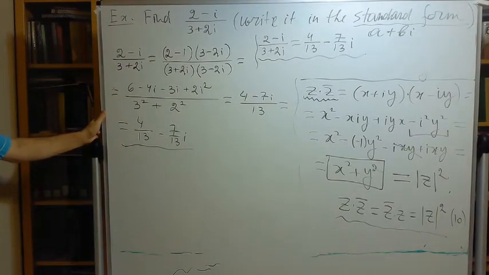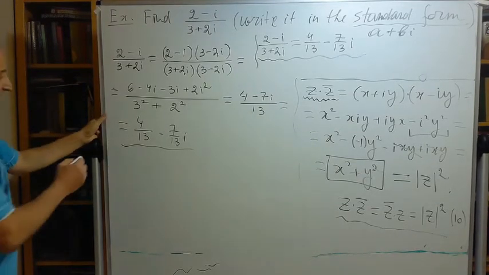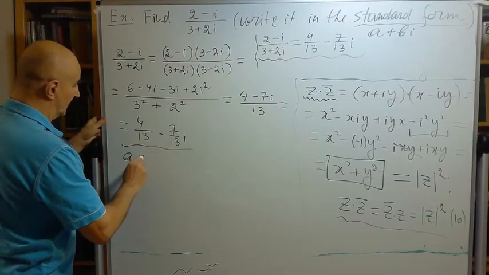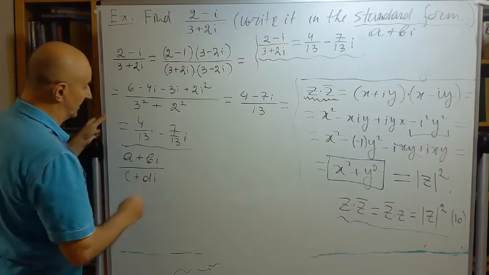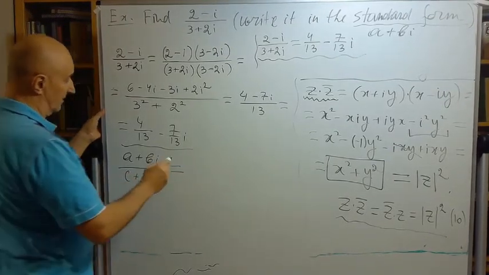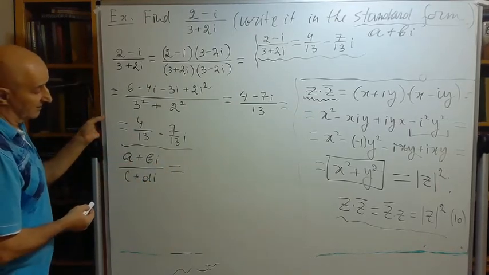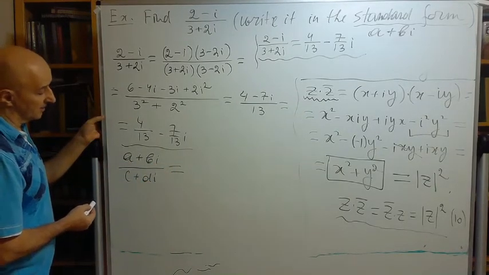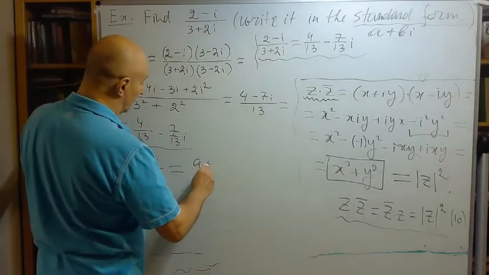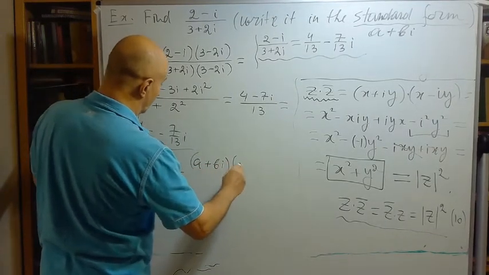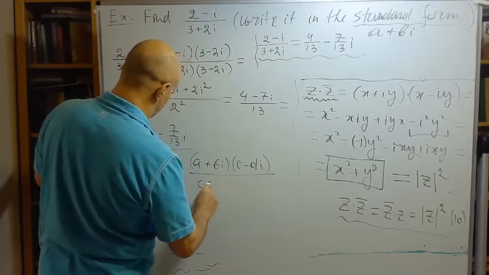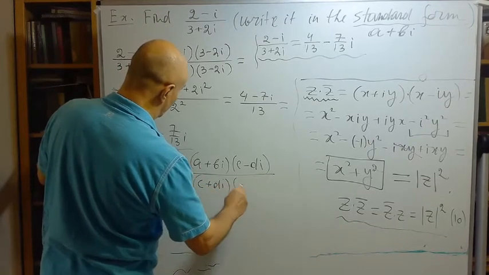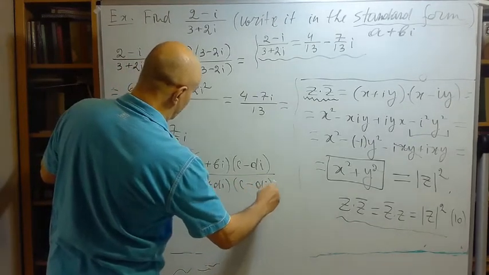In general, whenever we have to divide one complex number by another, a plus bi divided by c plus di, we know how to proceed. We will multiply and divide this fraction by the conjugate to the denominator. So it will be (a plus bi) multiplied by (c minus di) divided by (c plus di)(c minus di).